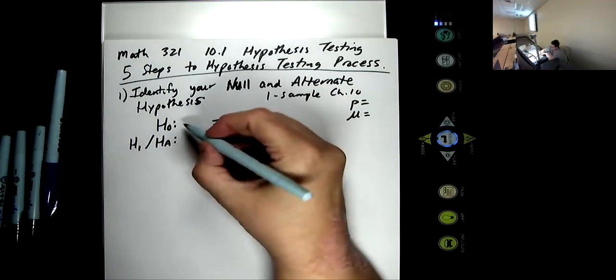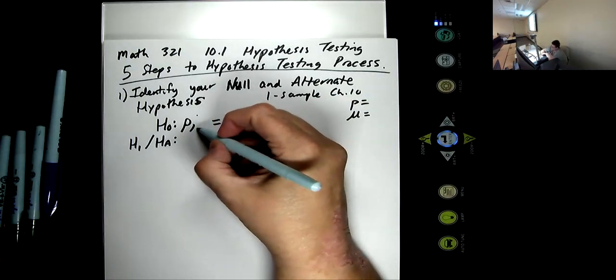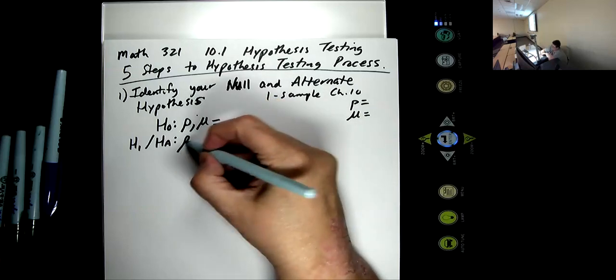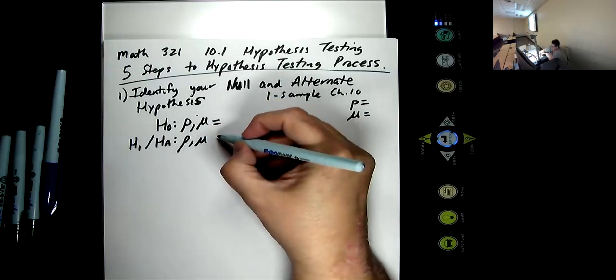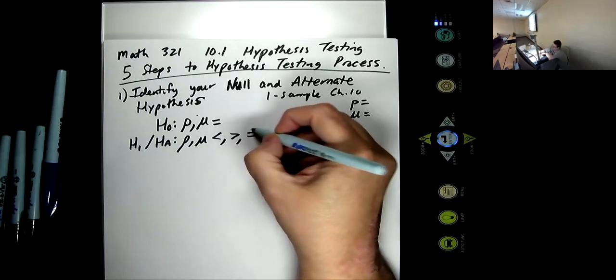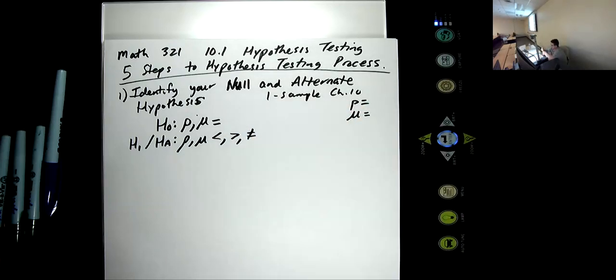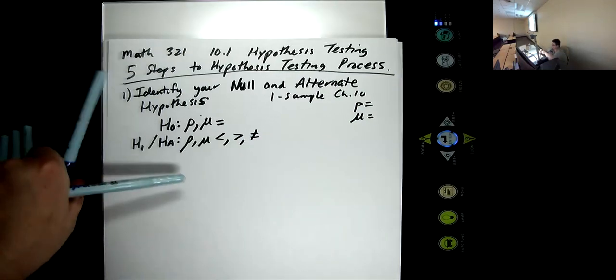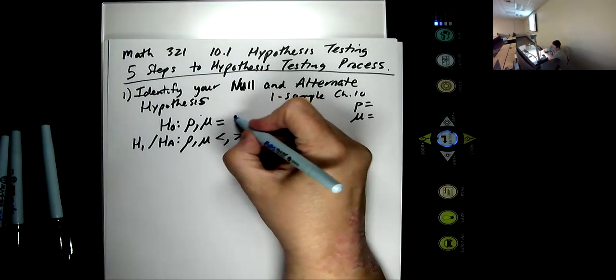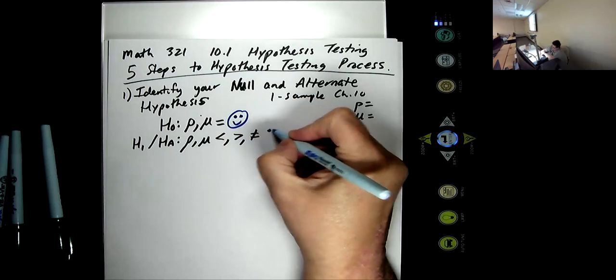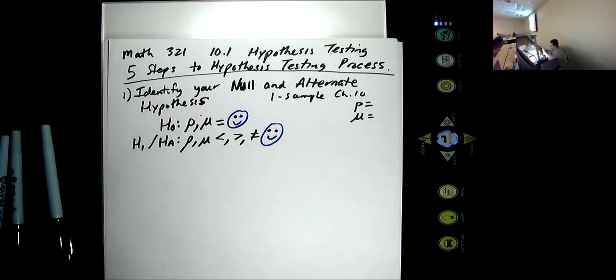H naught is always a statement of equality. The alternate can be less than, it can be greater than, or it can be not equal to. And whatever we have as the value here is the same value here. StatCrunch is going to auto do that for us, as you'll see.